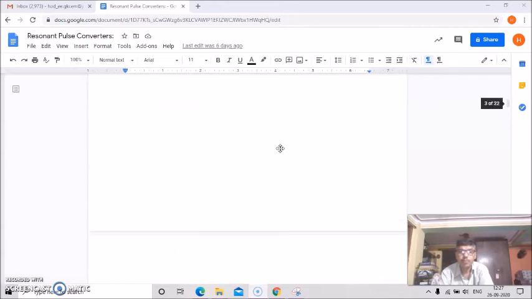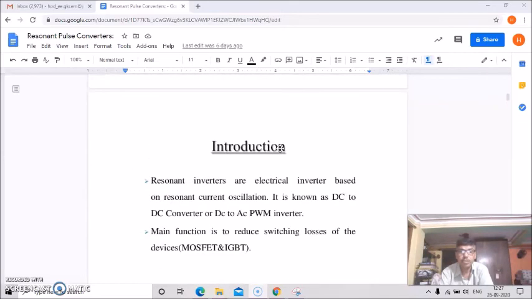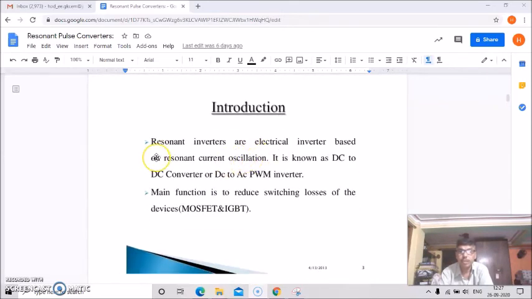Once again I am telling you, resonant inverters are based on resonant current oscillations, and are known as a DC to DC converter or DC to AC PWM inverter. The main function is to reduce switching losses of devices like MOSFET and IGBT.